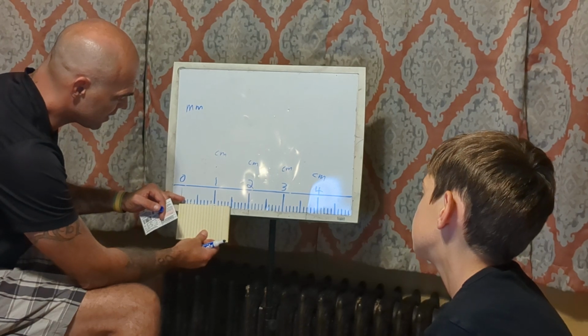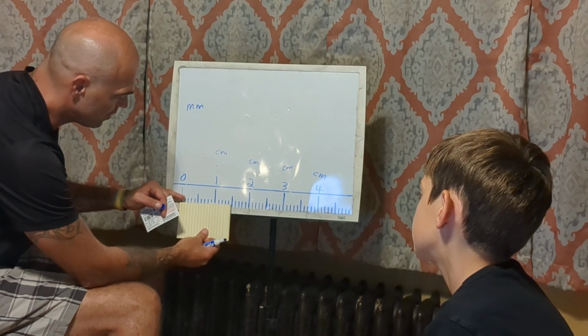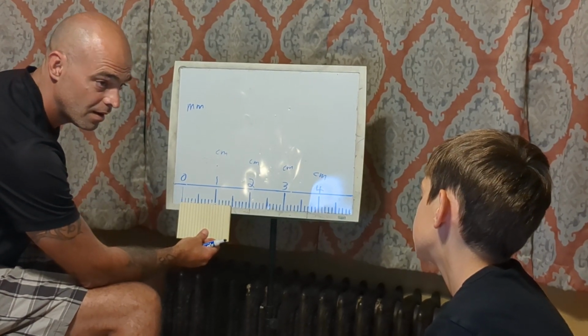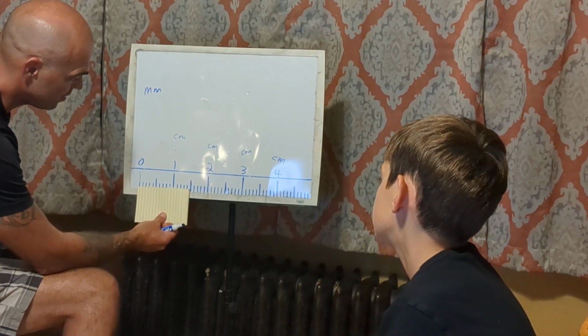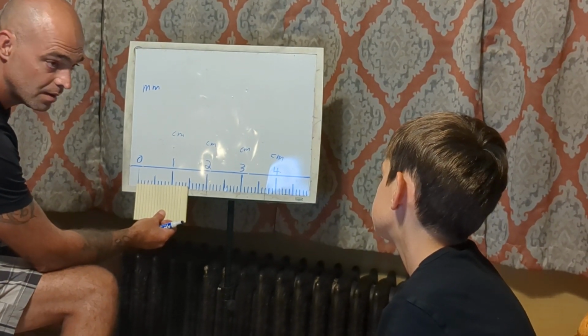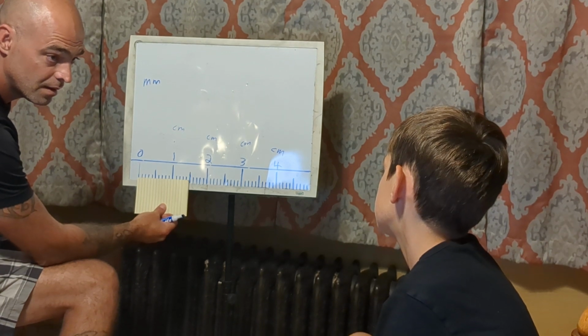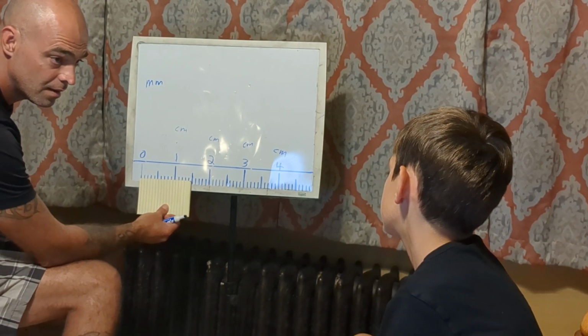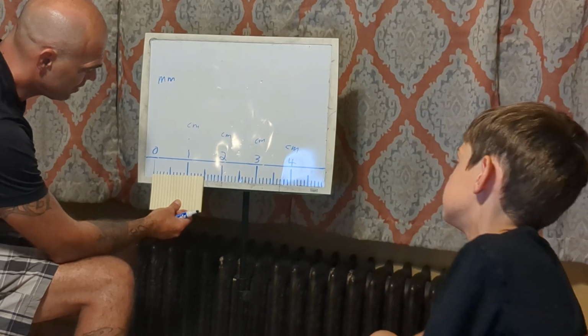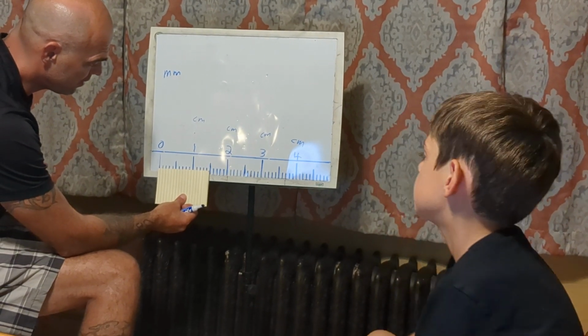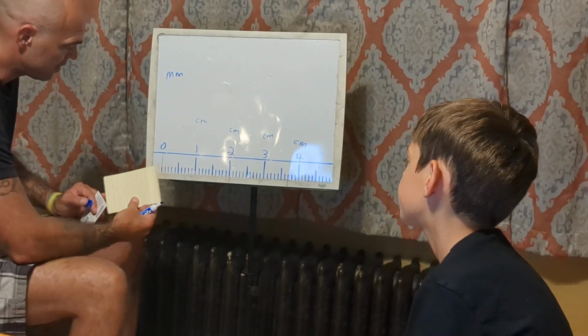How many are here? Let's count them. How many millimeters is that piece of paper? 14 millimeters. Do you think? Yeah. Okay.